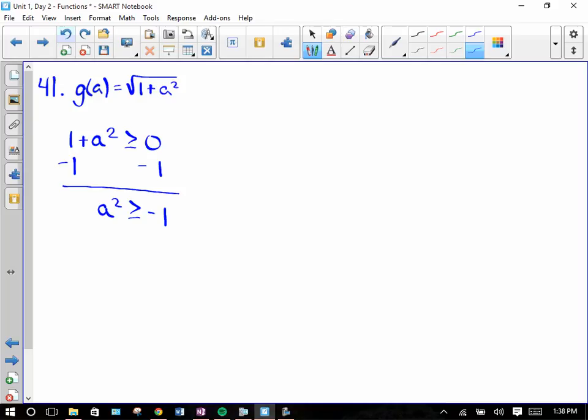Since a squared is always positive, this can never happen, because a squared is always going to be greater than -1 every time. So there are no problems with this domain.